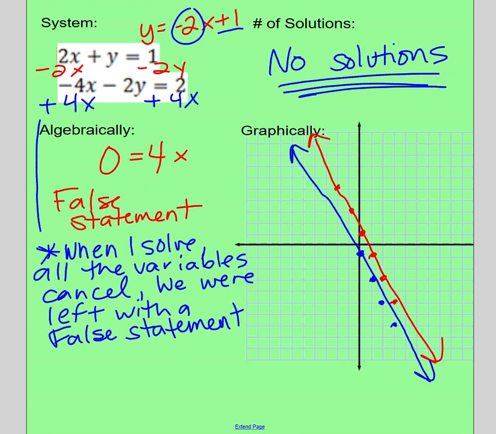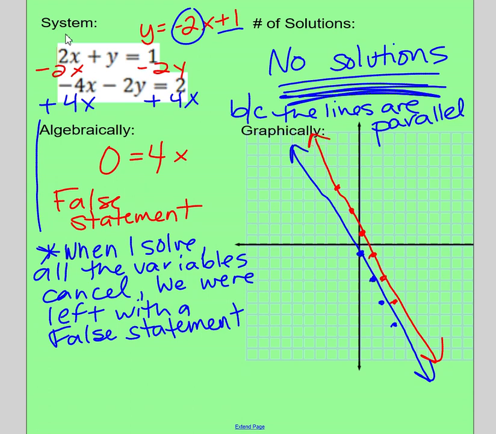In other words, 0 is not equal to 4, right? That's false. So when that happens, we say that there's no solution, okay? And there's no solution because the lines are parallel.